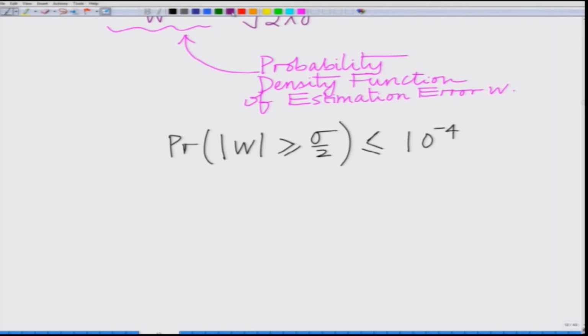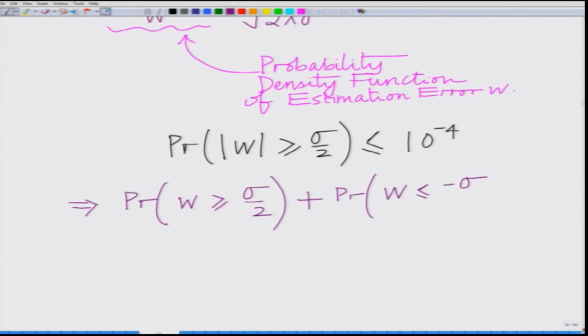Now, the probability that magnitude w is greater than or equal to sigma by 2 implies either w is greater than or equal to sigma by 2, or w is less than or equal to minus sigma by 2.